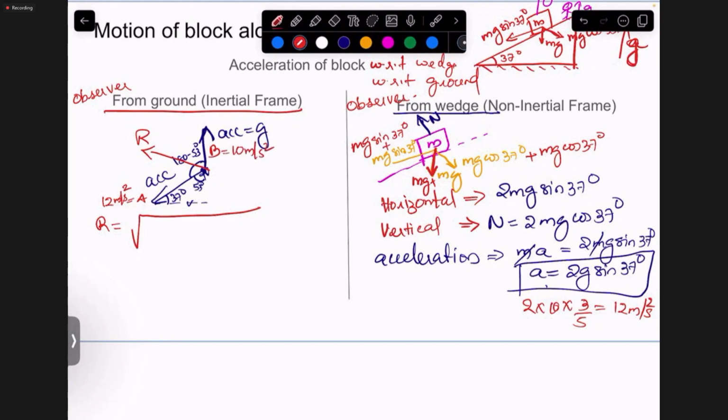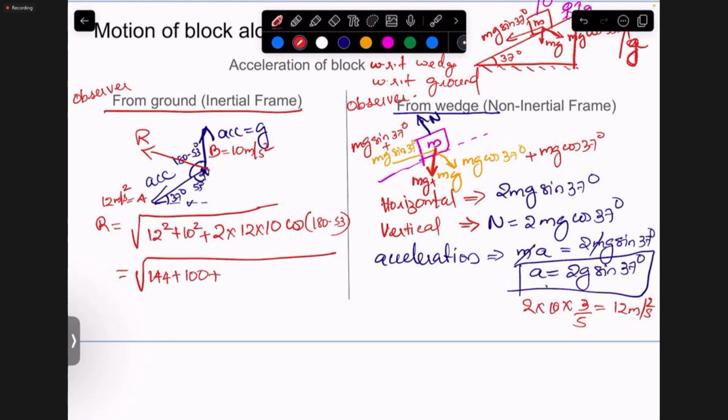So this is 12 square plus 10 square plus 2AB cos theta. So 2 times A is 12, B is 10, cos theta is 180 minus 53. That will be equal to 144 plus 100 plus 2 times 12 times 10 times minus 3 by 5.